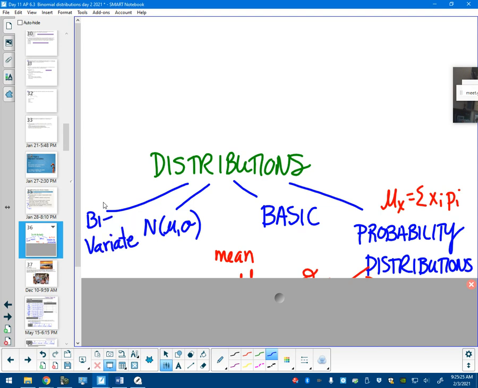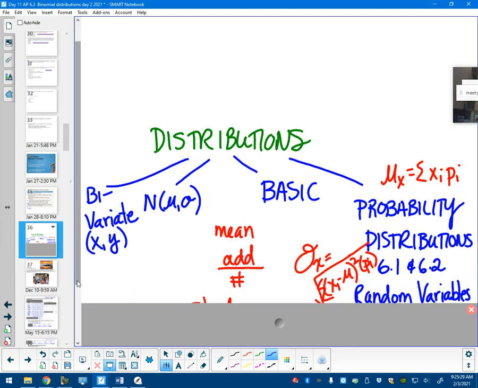V-A-R-I-A-T-E, which means you have X and Y values, and that's called least squares regression. Chapter 4 was about how to do an experiment, and chapter 5 and 6 is what we've been reviewing. It's about probability, and that helps set us up for some special distributions called probability distributions.